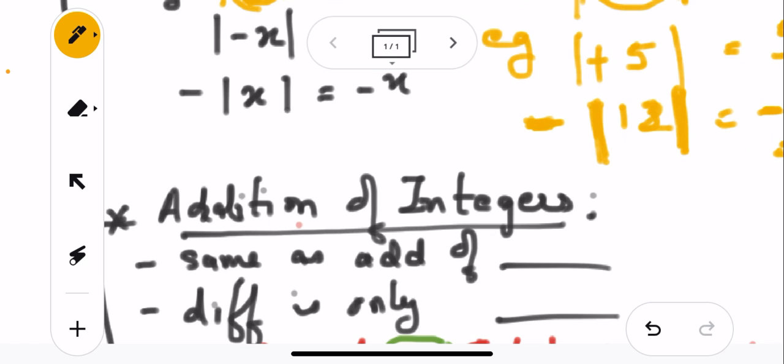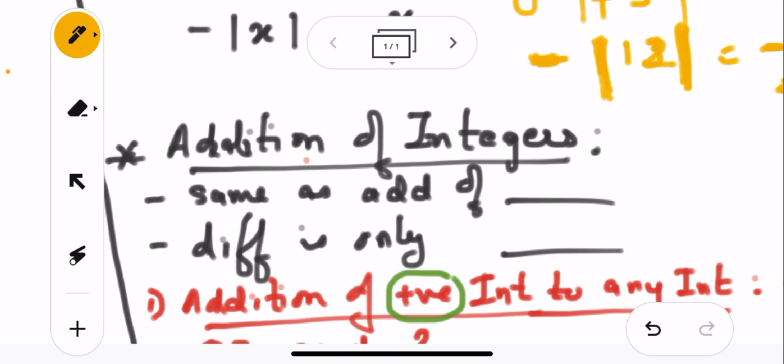We will do it like a normal addition, but the only difference will be which sign we have to use, either a positive sign or a negative sign. Only its sign will be different.